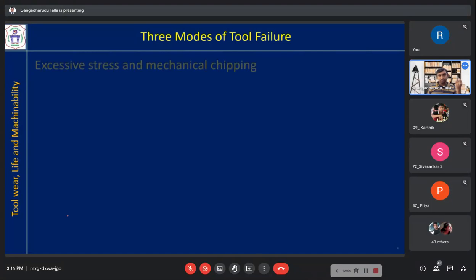Now, three modes of tool failure. One is excessive stress and mechanical chipping. Whatever we have seen earlier, this is mainly the mechanical breakage type, the first one. Next is thermal cracking and softening, which is related to plastic deformation.